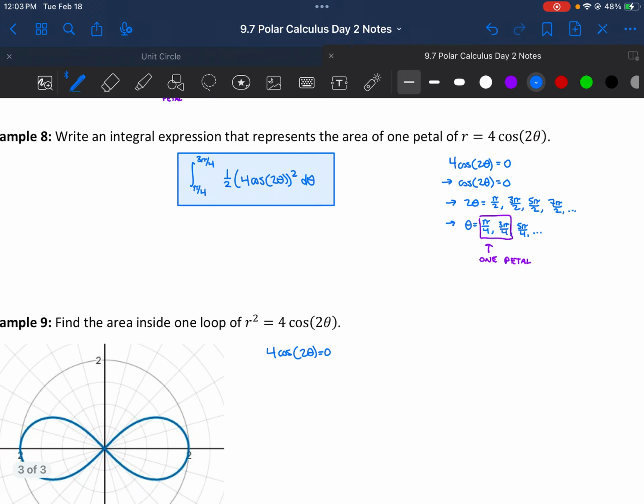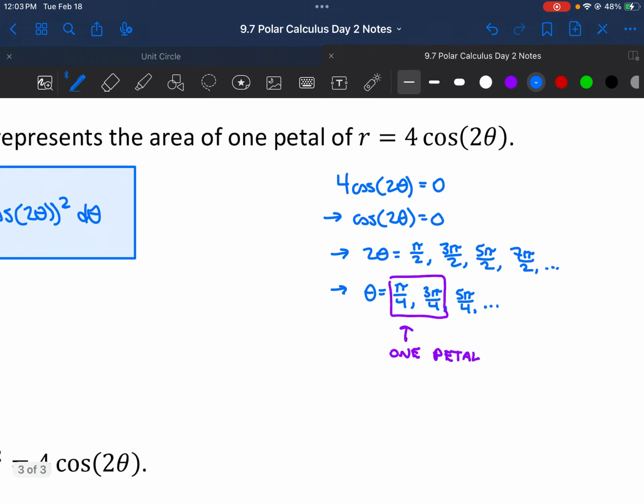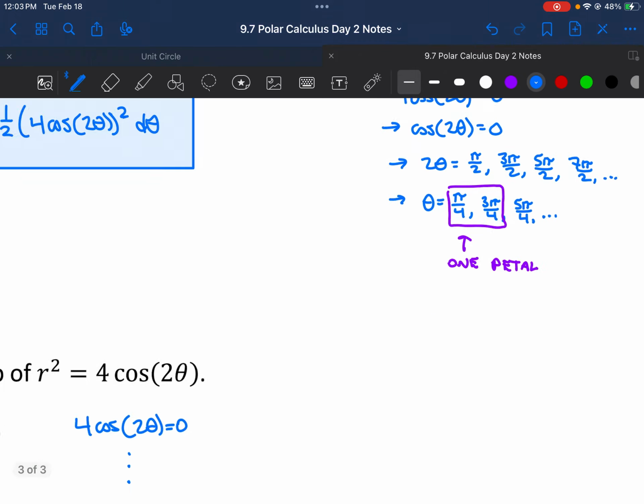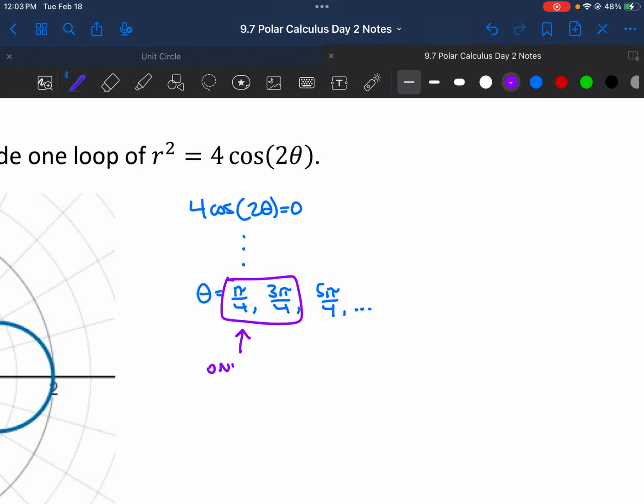Yeah. So we're going to get the same angles. Same work as we just did right here. We're going to get pi over 4, 3 pi over 4, 5 pi over 4, and so on. Again, any two that are next to each other, this will give us a loop.